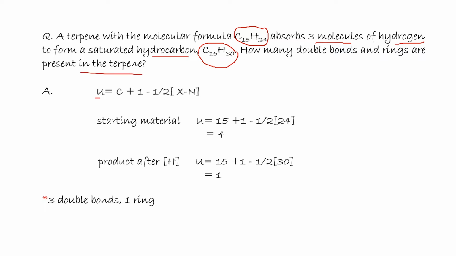Well, from the unsaturation and molecular formula rule, we get unsaturation 4. We have 3 double bonds because it consumed 3 molecules of hydrogen. Well, then what is left will be 1, so we have 3 double bonds and 1 ring.